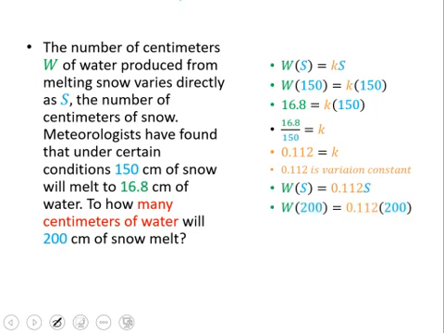Now if we want to find how much water we would have after 200 centimeters of snow, we would just have to plug in 200 centimeters into our S to find what W is. And when we simplify it, we find that W is 22.4, meaning that if we had 200 centimeters of snow and we melted it, we'd end up with 22.4 centimeters of water. Okay, that's how our direct variation works.